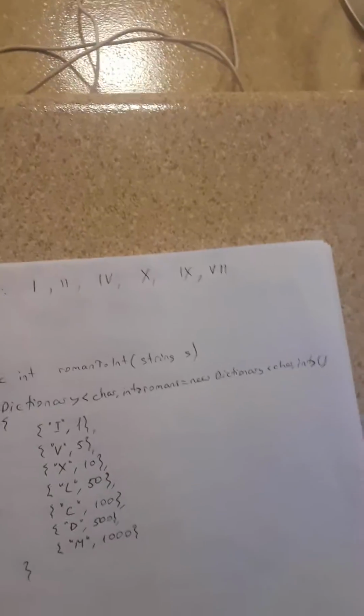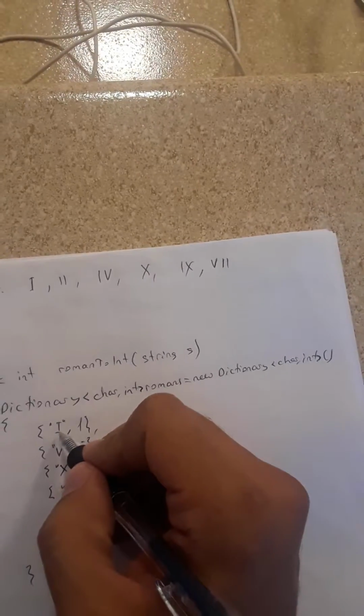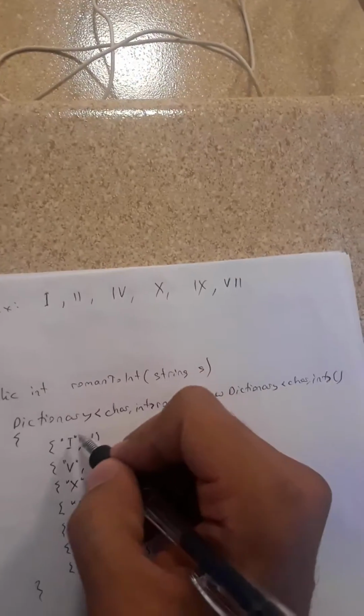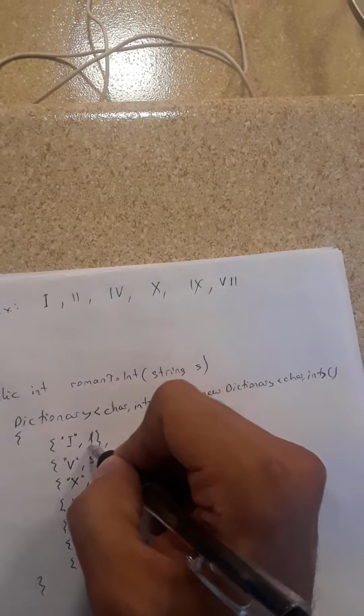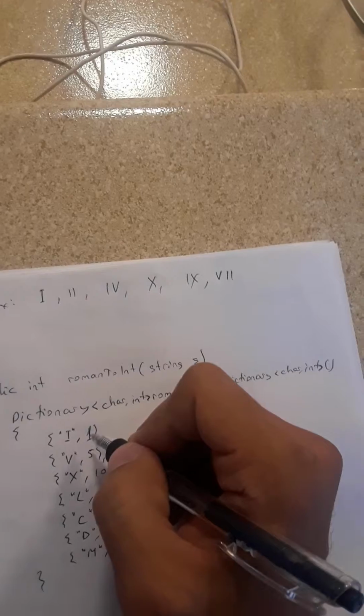So in the input string, we'll use this symbol as a key of the dictionary, check if we have such a symbol in the dictionary, and return the value using the key.